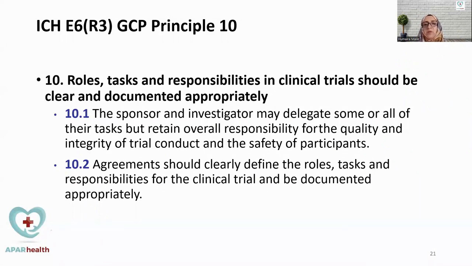The overall responsibility of the trial lies with the investigator, but he may delegate some or all the tasks to people assigned, and there should be proper agreements to clearly define the roles, tasks, and responsibilities for the clinical trial, and they should be documented appropriately.